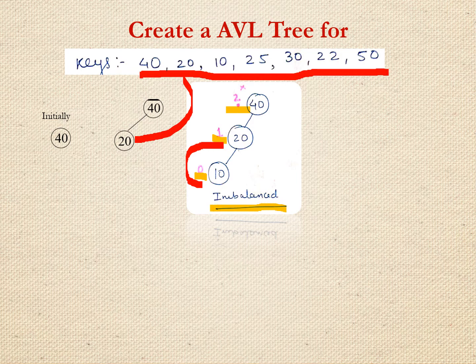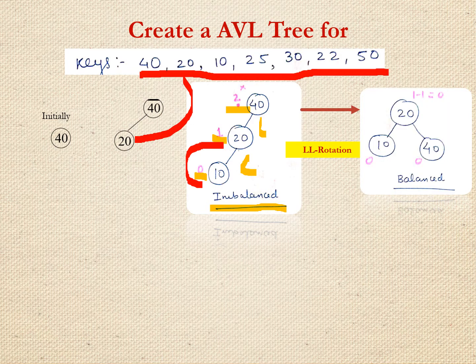Now what can we do? We can verify from the diagram that it's a left imbalance. So we can shift this 40 to the right-hand side. That is LL rotation. So the next step is LL rotation, and we'll be shifting this 40 to the right. Your 20 will become the root and then it will get balanced. 10 stays in the same position.